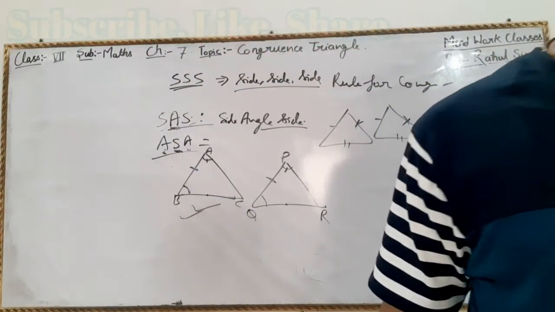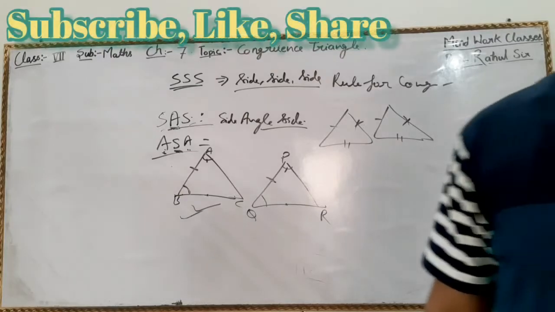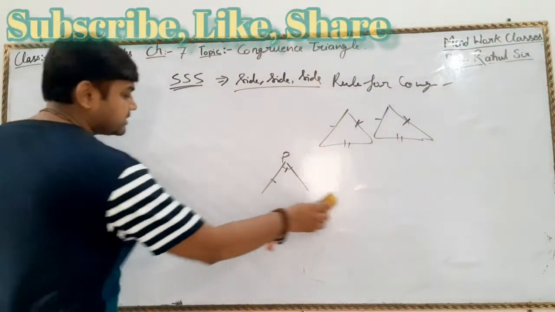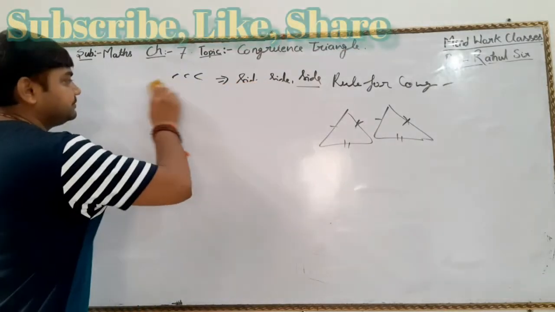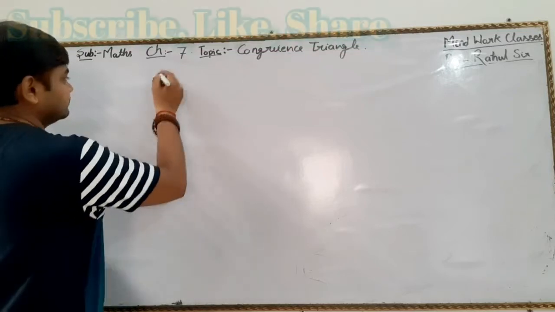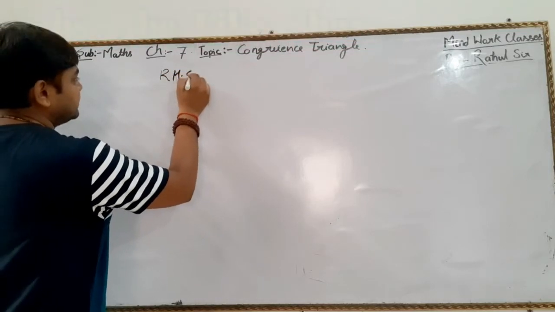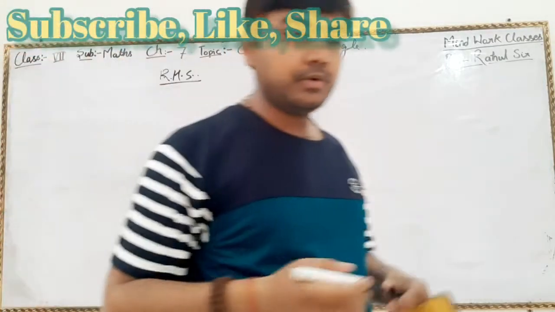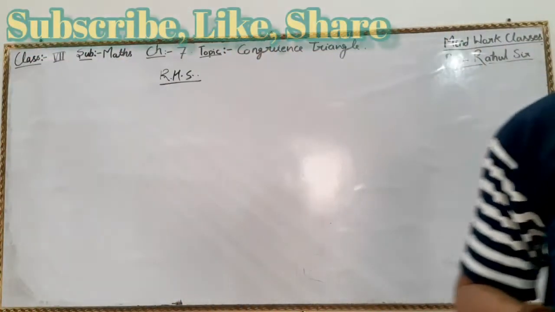Now, the last condition is RHS: right angle, hypotenuse and side. What does this say?